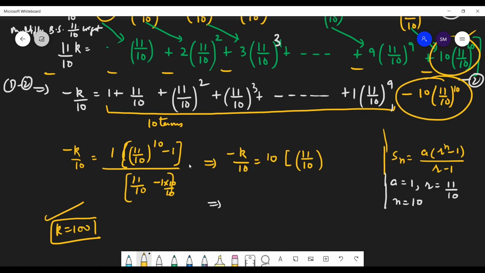You have forgotten this term: minus 10 into 11 upon 10 raised to the power 10. Okay? Yes, sir. So this raised to the power 10 minus 1 into minus 10 into 11 upon 10 raised to the power 10. Okay?